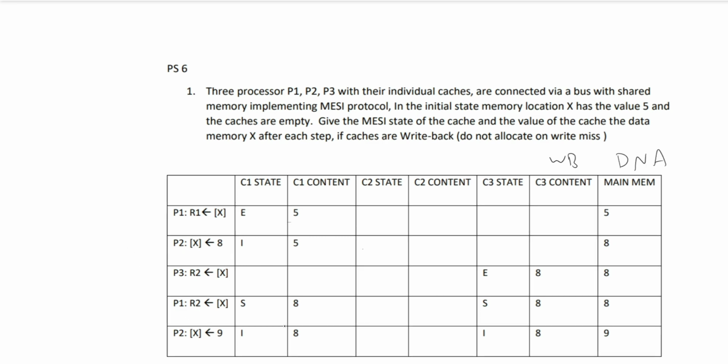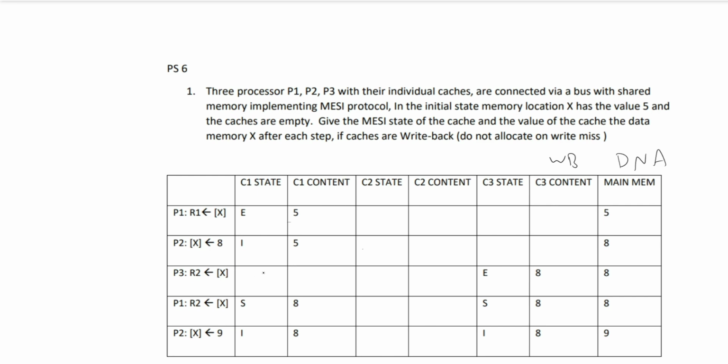Okay, so for line 1, we do a load of whatever's in address X to R1 on processor 1. Whenever we have a cache, we have to use it. So this is a read miss.